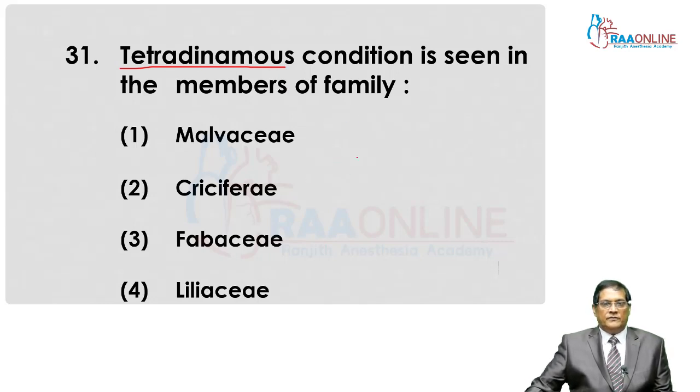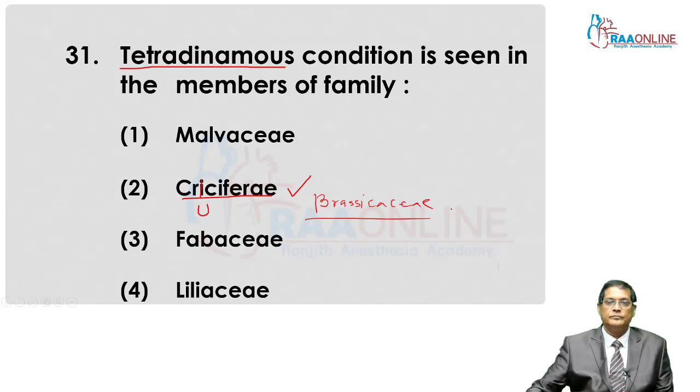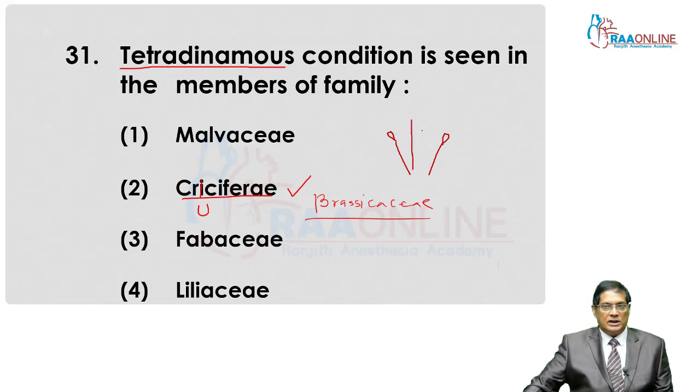Actually, in the family Cruciferae, also called Brassicaceae, 6 stamens are there and they differ in length. 2 outer are short, 4 inner are long.